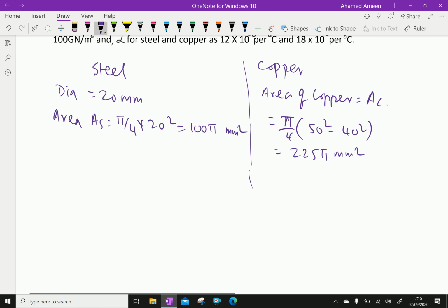Now the general rise in temperature is 60 degrees centigrade.